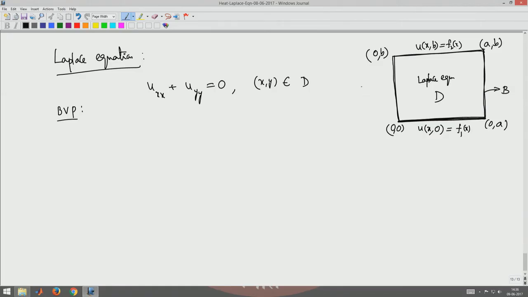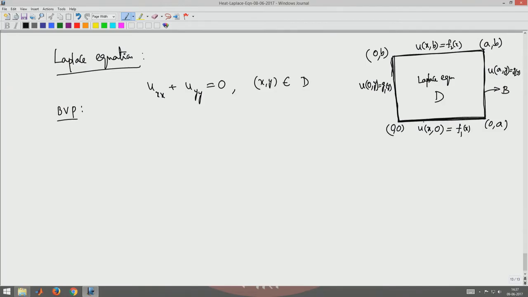Now on this boundary y is varying, with x equal to 0, and you call it g1 of y. And here you provide the temperature data where x is a and y is varying, so you give some g2 of y.